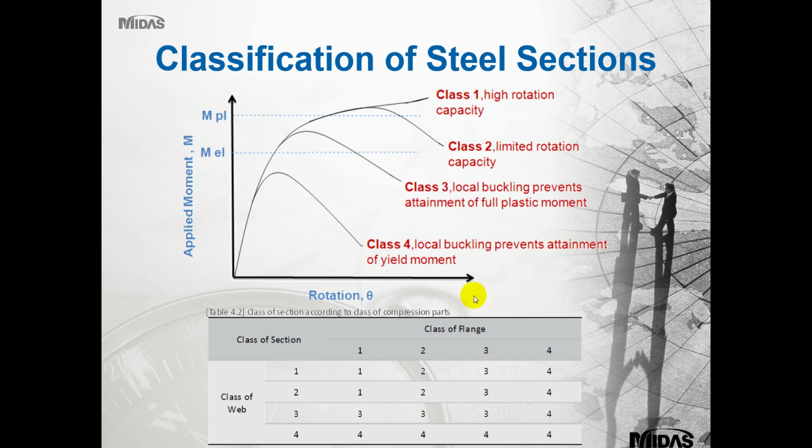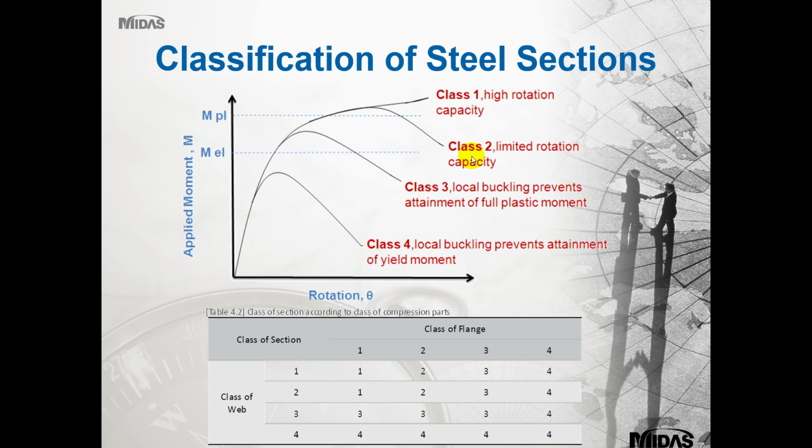So just focusing now on the classification of the steel sections. So I'm going to go through class 1 through to class 4, and the main focus of these is on the potential for buckling and everything like that. So class 1, which has a high rotational capacity and it will go into its plastic state before buckling.